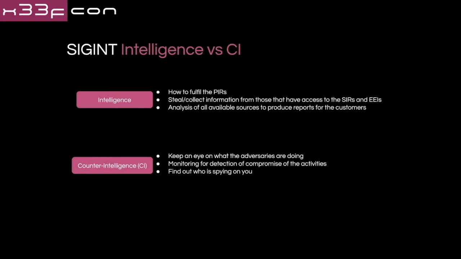And finally, to find out who is spying back on you. In cyberspace, we focus a lot on counterintelligence, but we also need to not forget about intelligence collection. Hopefully, that clarifies all of the general terminology and SIGINT organizations.